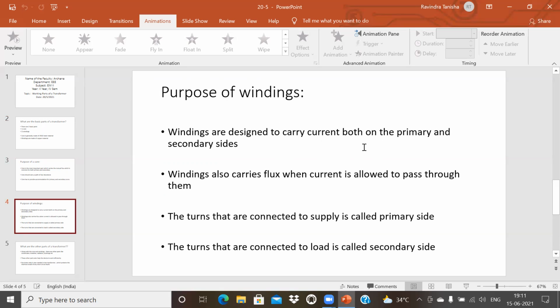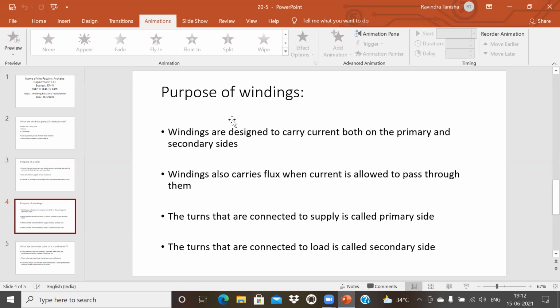Because whenever current is flowing through the windings, those windings act like current carrying conductors, and magnetic field is associated with current carrying conductors. If there is no winding, then no current flows through primary and secondary, and no flux is linking with the primary and secondary sides. So the duty of winding is to carry the flux whenever current passes through it.